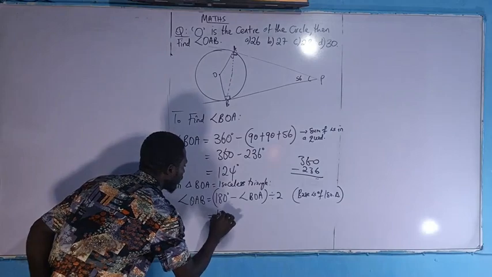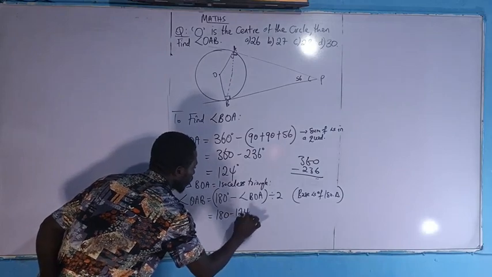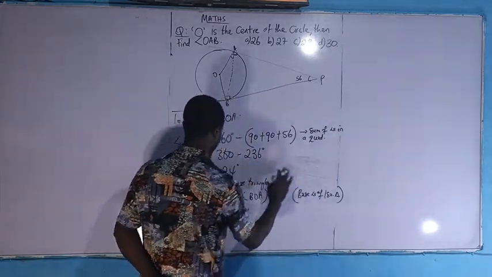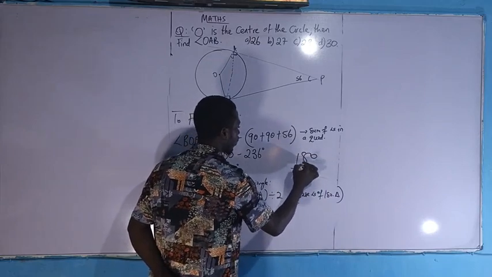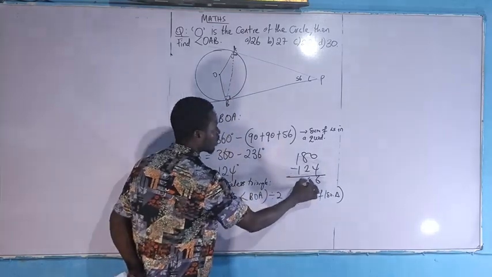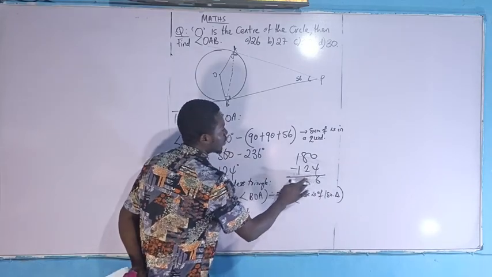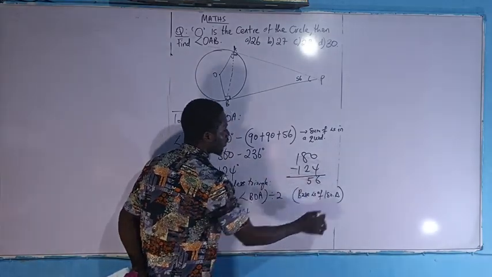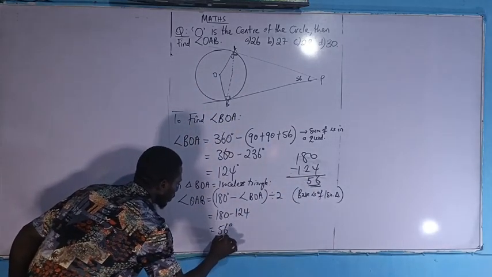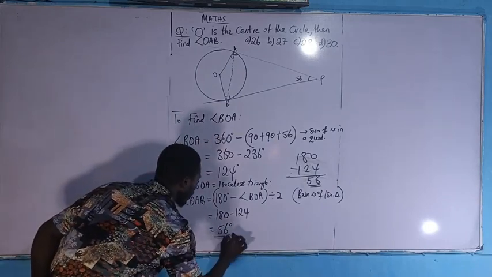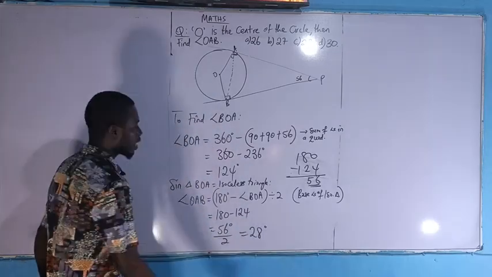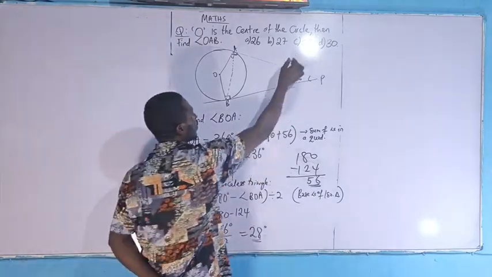So 180 degrees minus 124 degrees gives us 56. So this is 56 degrees divided by 2. 56 over 2 will give us 28 degrees. And that is option C.